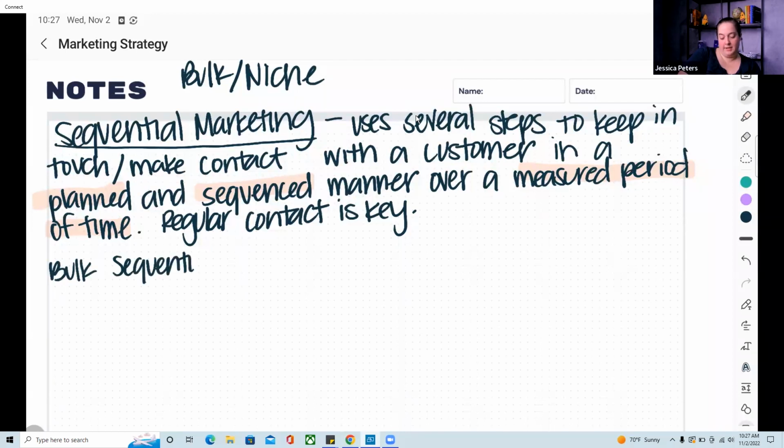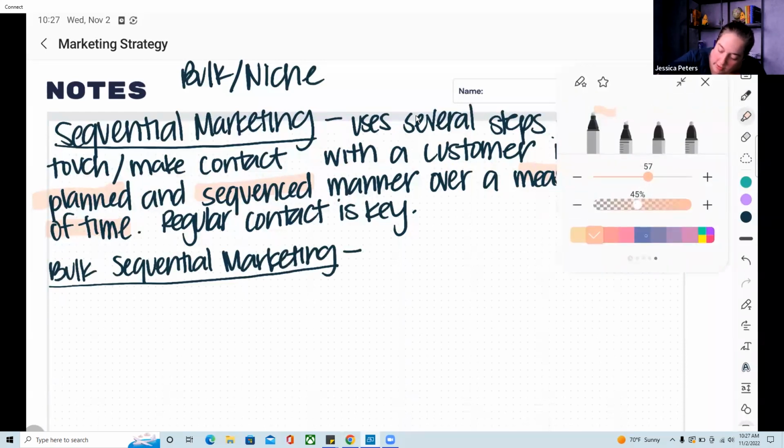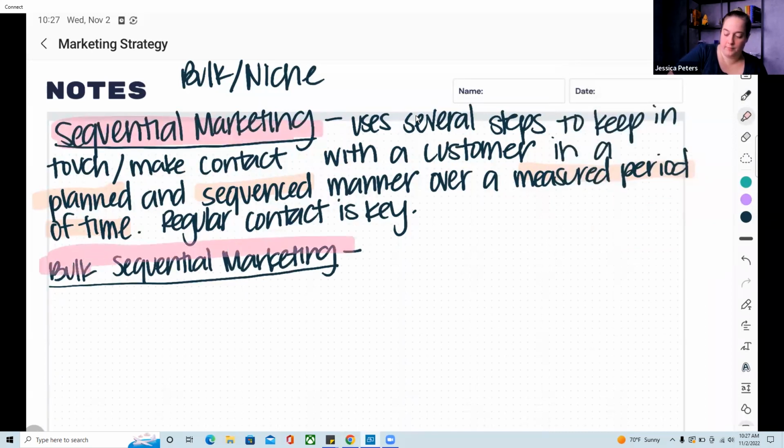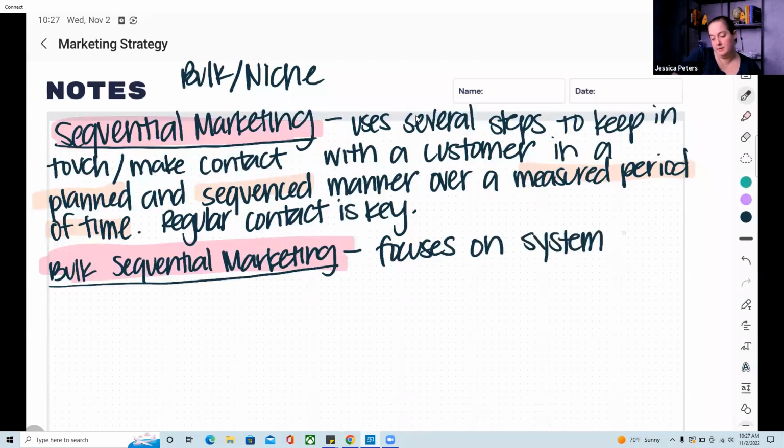Bulk sequential marketing focuses on systematically marketing.